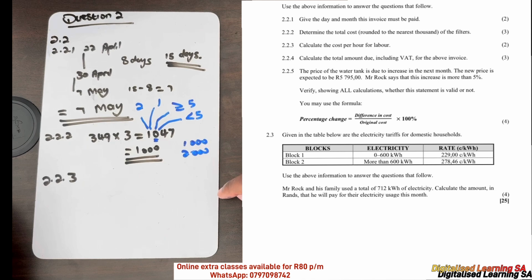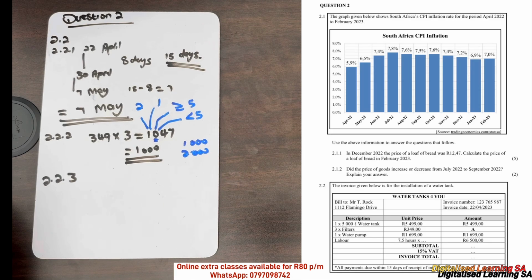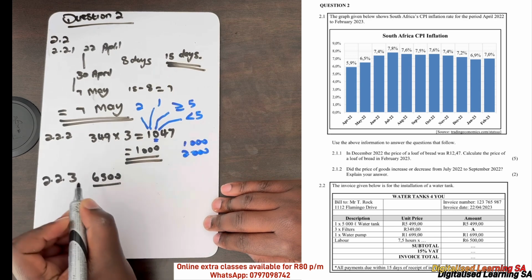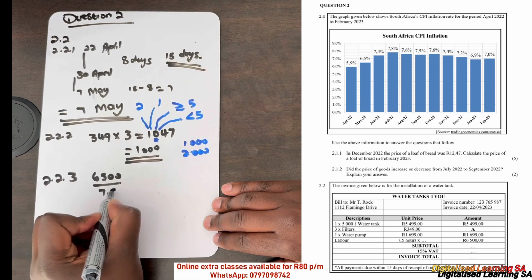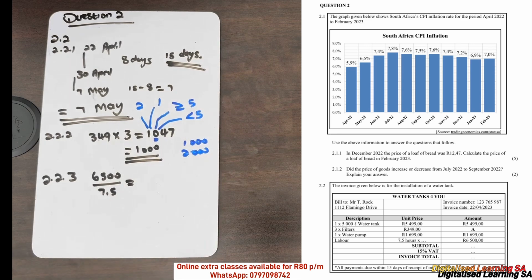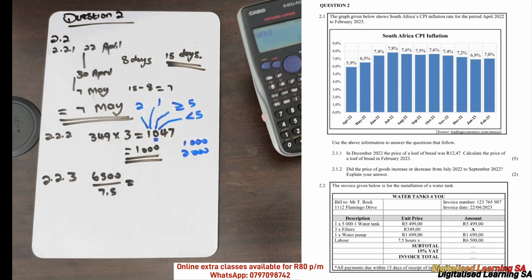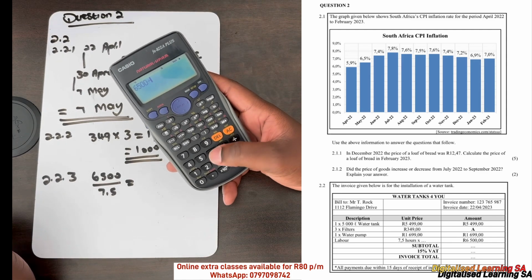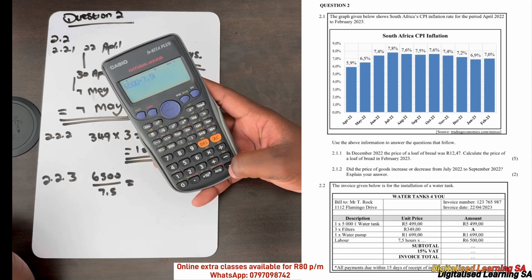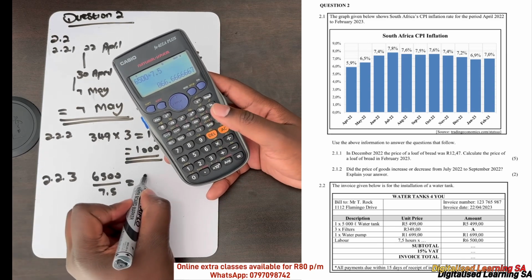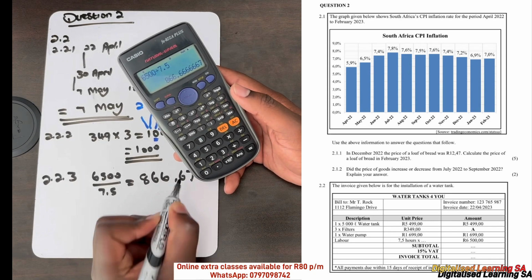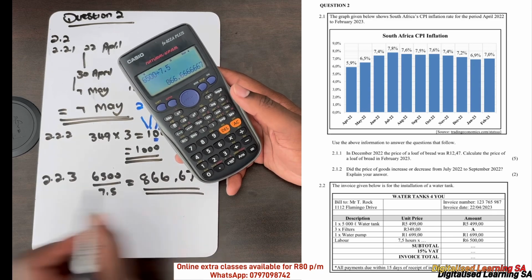So to find the cost per hour for labor, we just say 6,500 divided by 7.5. So this will be the cost per hour for labor. 6,500 divided by 7.5, and our answer will be 866.67. So we rounded it off to 2 decimal places.